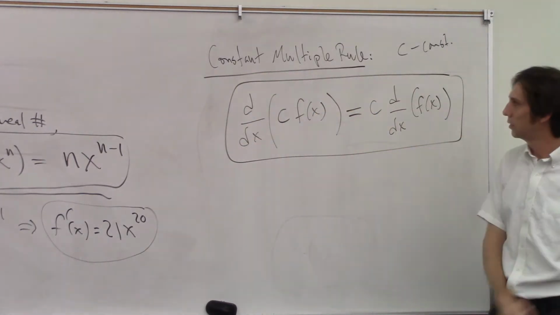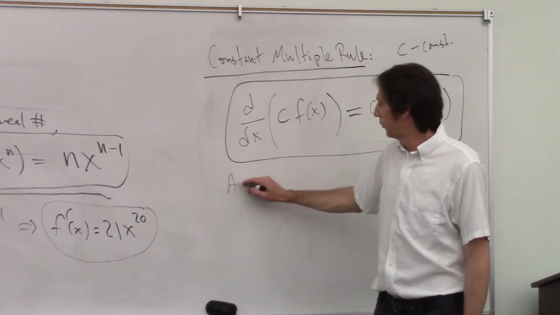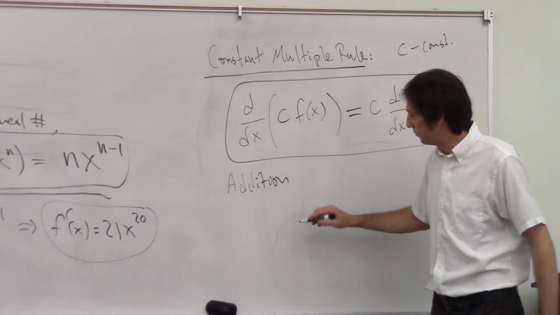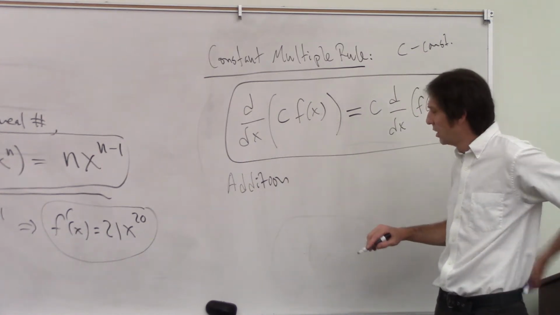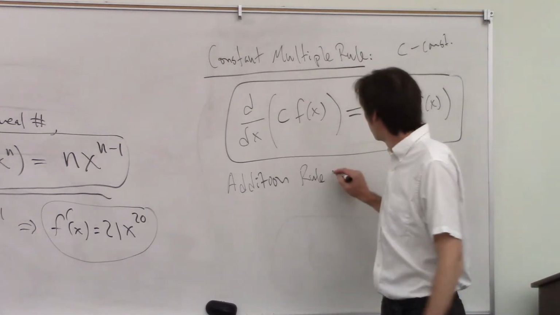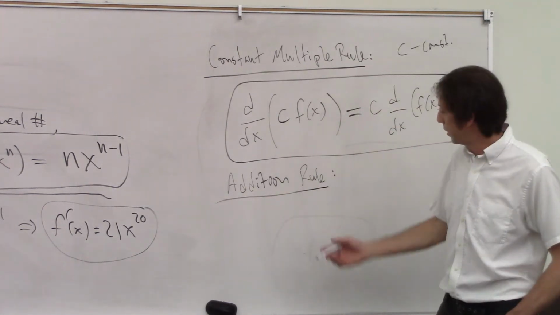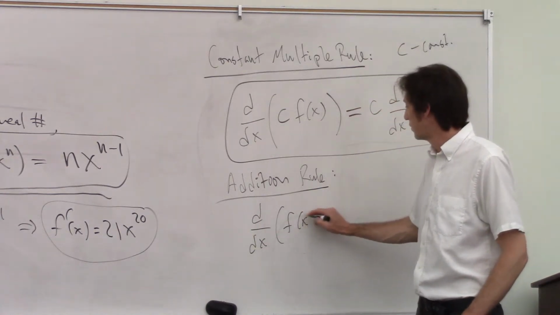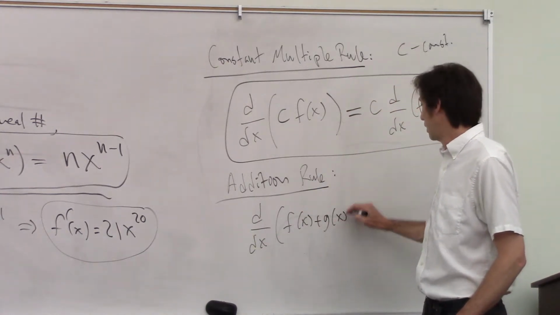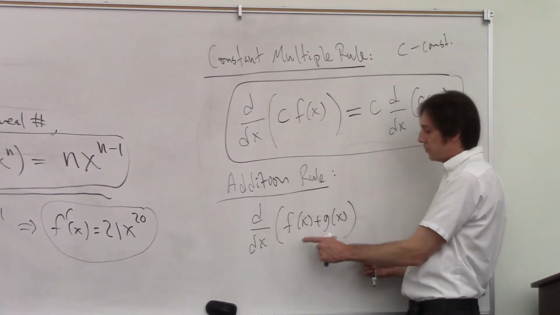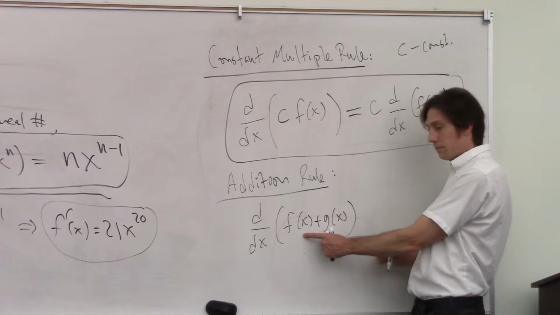There's a formula for addition, and also a similar one for subtraction. Okay, so let's call this the addition formula. If I have two functions that I'm adding together, f of x plus g of x, for some reason, I might want to do the derivative of those two functions added together.